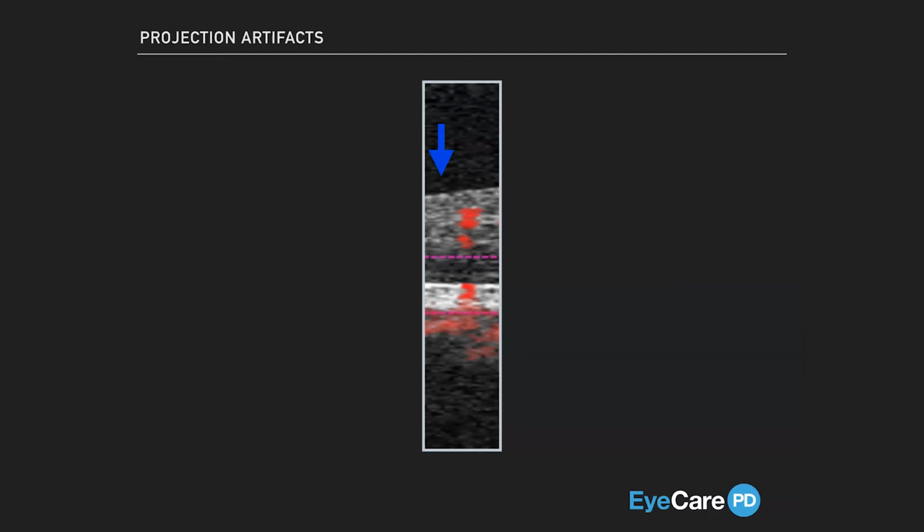There are no blood vessels in this tiny sliver, and thus no flow is recorded. But now look at this tiny sliver as the light shines through an area of blood vessels. The machine correctly identifies flow in the superficial and deep plexus. But look at the RPE. It too has flow, and yet it should not. This is a projection artifact.